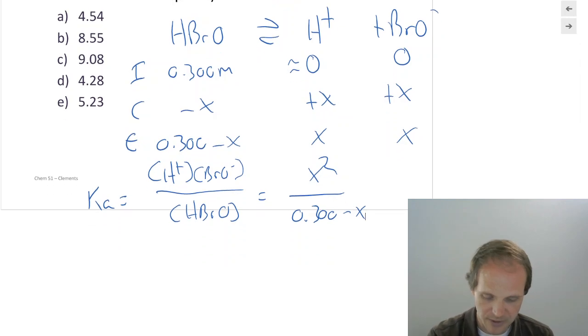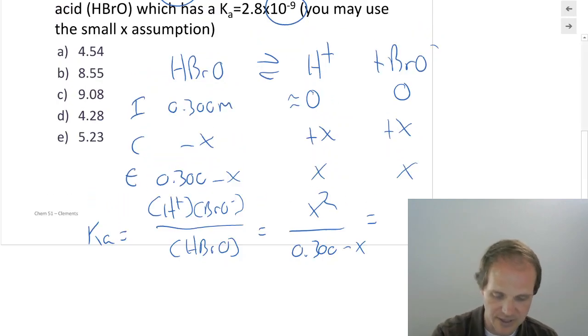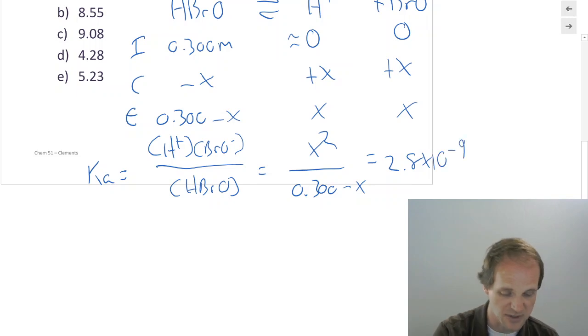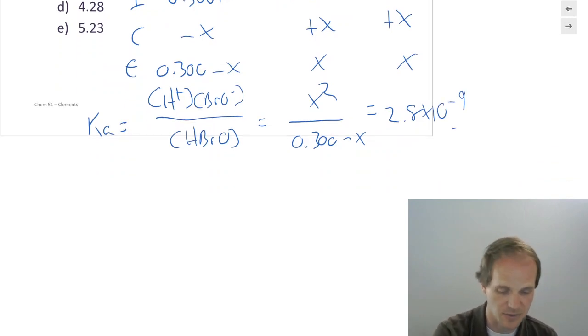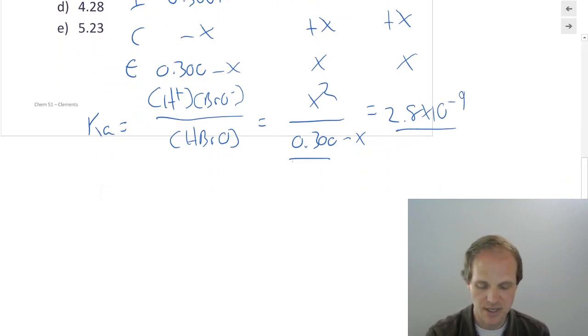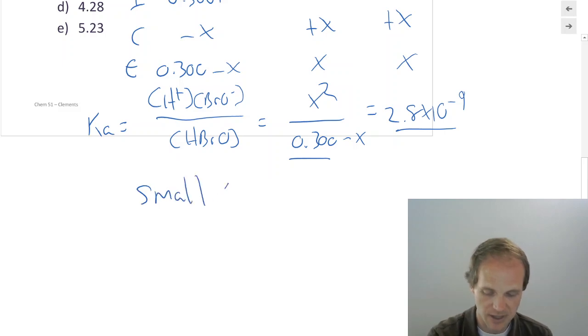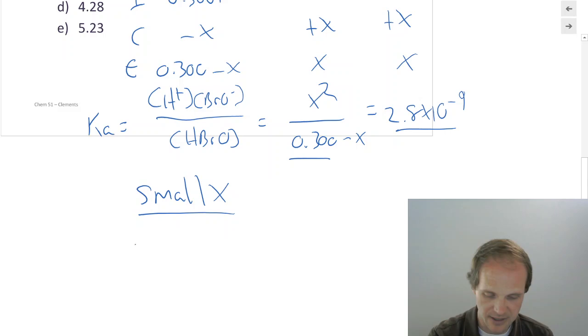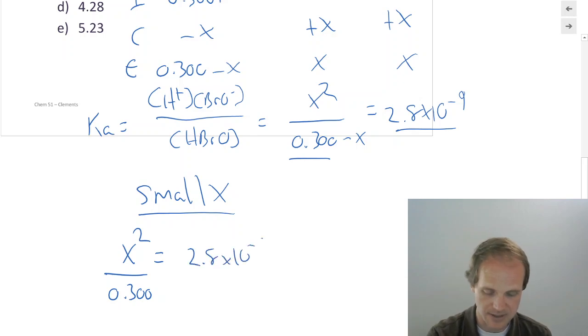So what are we going to do? We're going to find that Ka value, which was given in our problem as 2.8 times 10 to the minus 9. We decided we can use the small x assumption because there's a big difference between our Ka and our concentrations. So we're going to say small x. Always state our assumption explicitly. And so we end up with x squared over 0.3, because we're ignoring the x there, is 2.8 times 10 to the minus 9th.